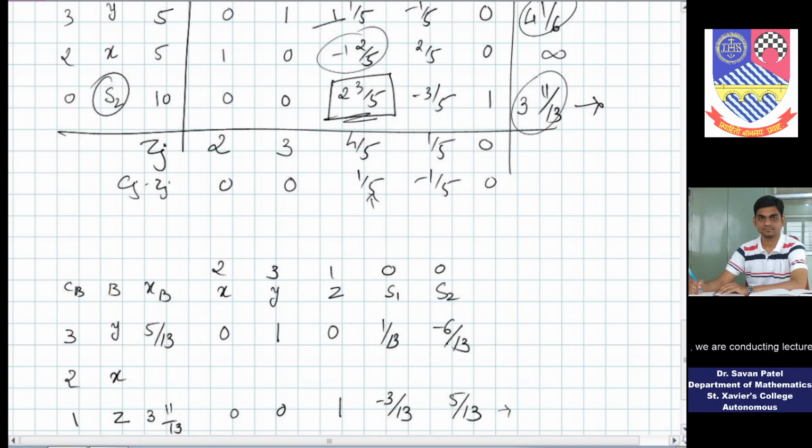And to make this entry 0, we have to multiply this row by 1, 2 by 5 and add it to this second row. So we are having values 10, 5 by 13, 1, 0, 0, 1 by 13, 7 by 13.